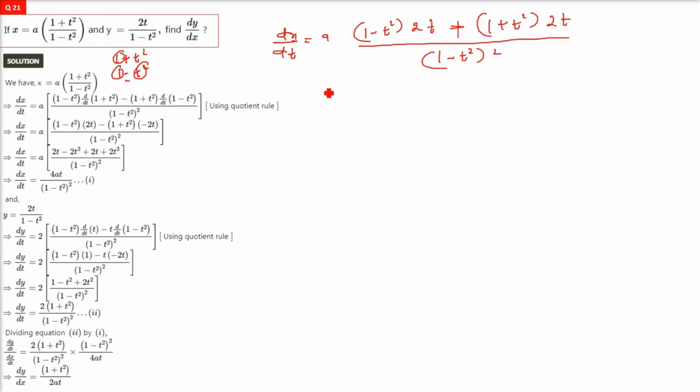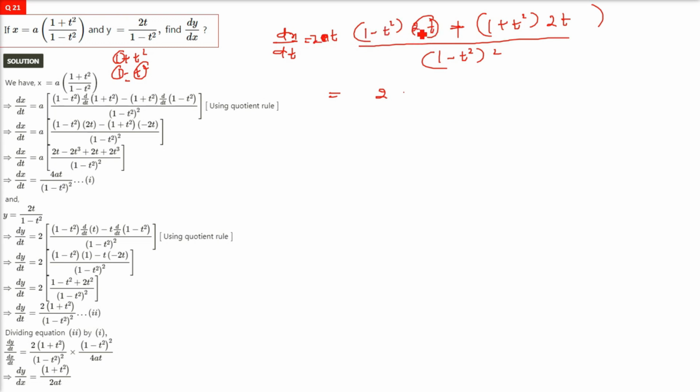So I am making the in-between plus. So we have this 2t. You can take 2t common if you want. You can take 2t common and put the inside things together, and you will see that t square and t square will get cancelled. I'll just show you. a is already there, I told you.